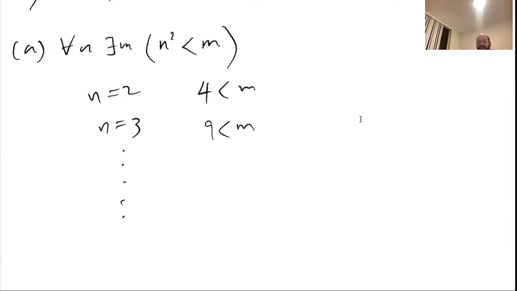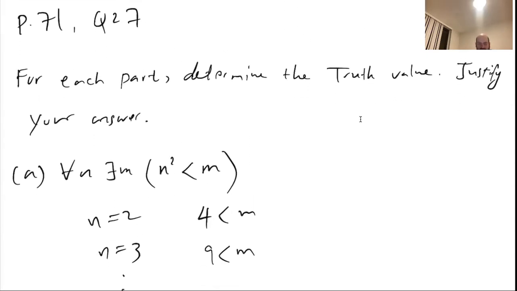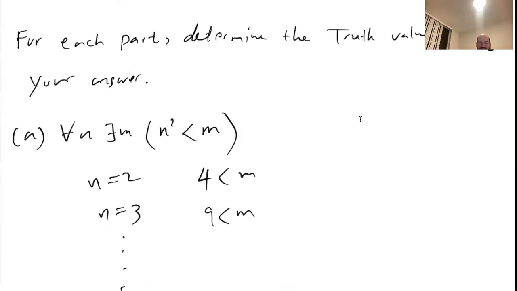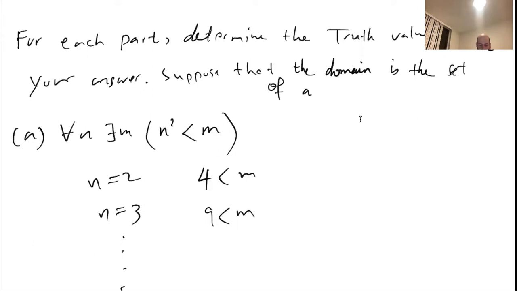So in general, for any given n, what can we choose as m? By the way, the domain is mentioned to be the set of all integers. Suppose that the domain is the set of all integers.